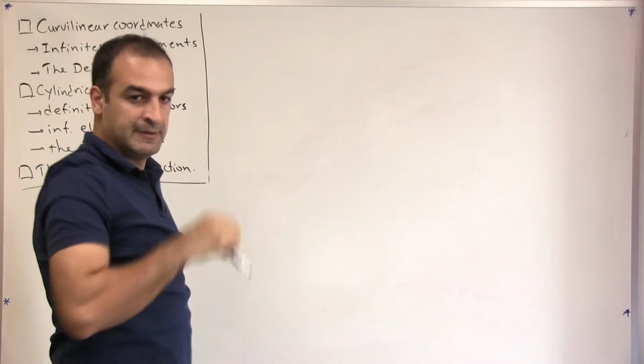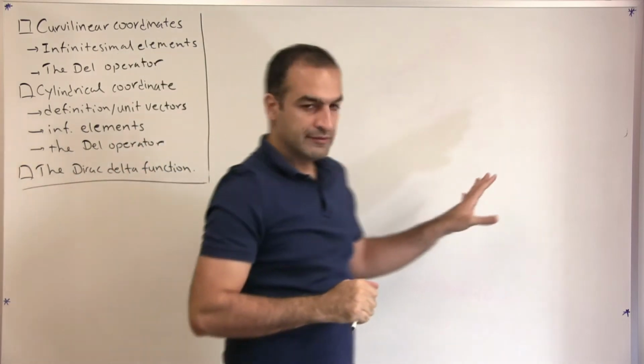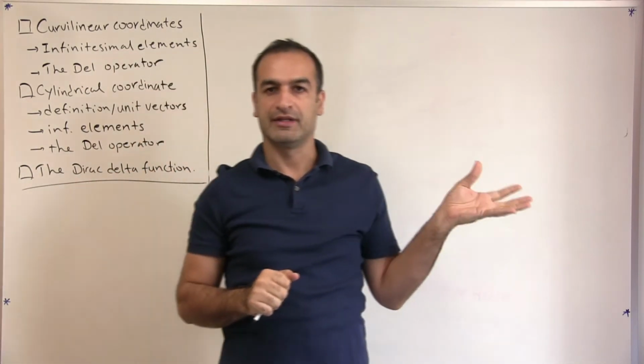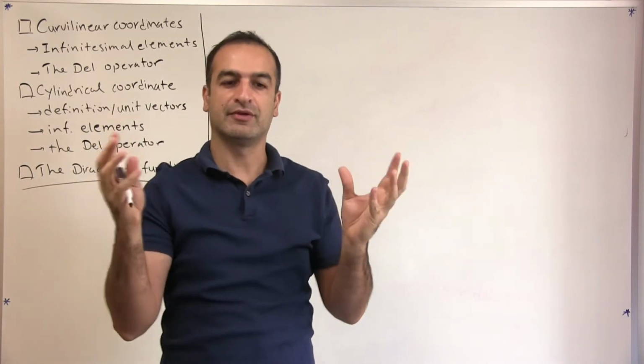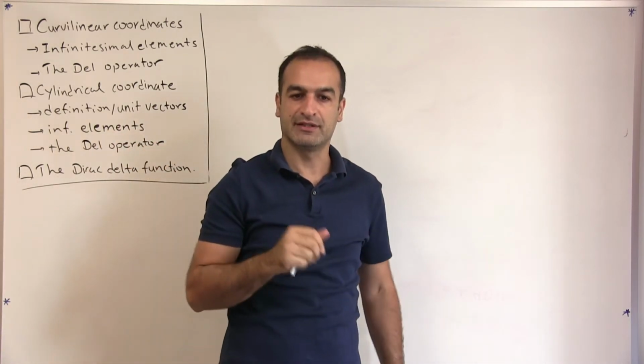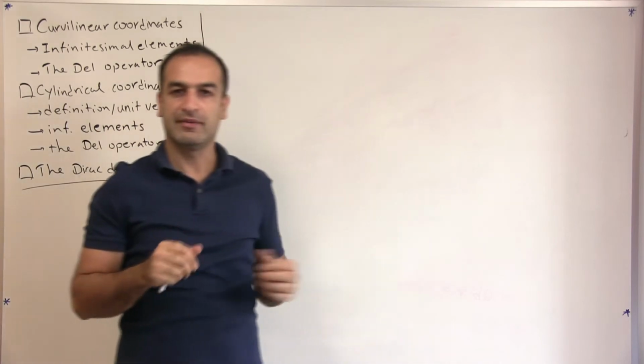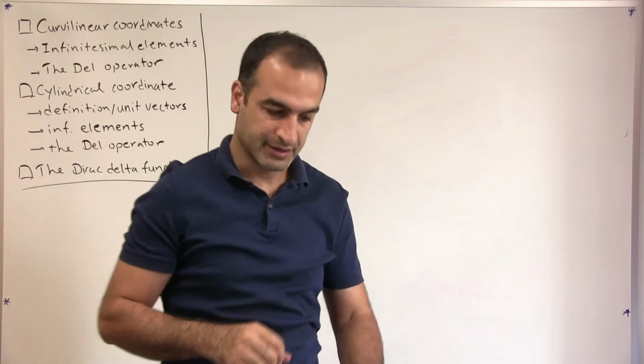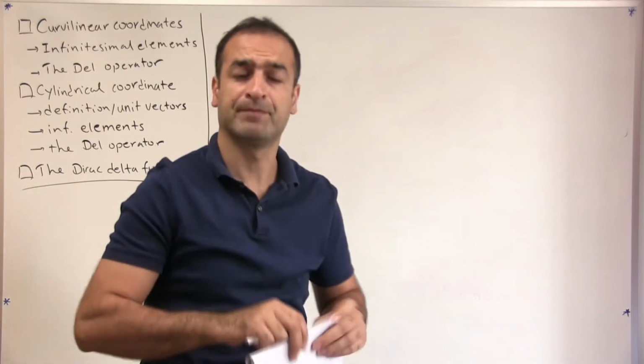All right, in a very similar way that we saw any infinitesimal displacement had a different mathematical formulation in spherical coordinates, the del operator will have a different mathematical shape and formulation.